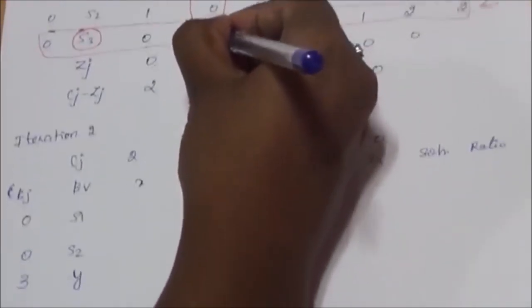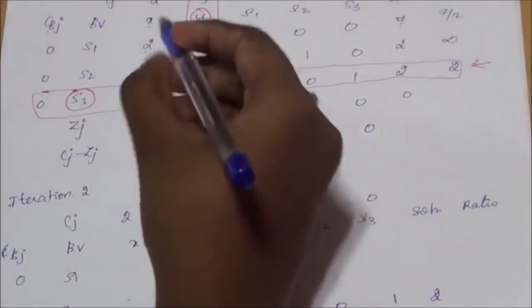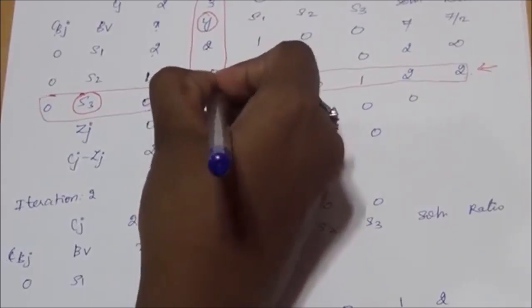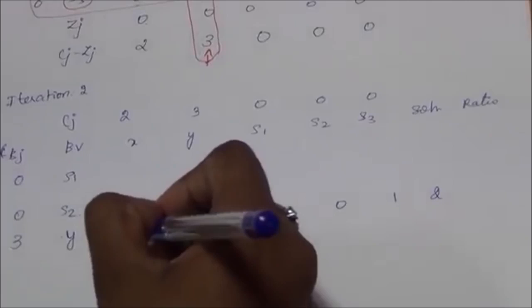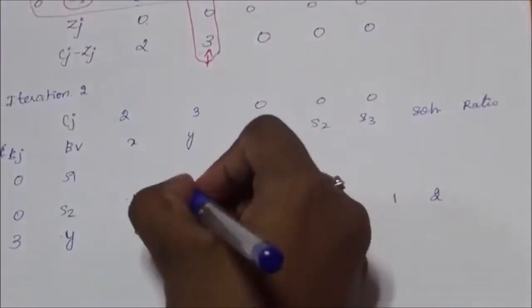Already we have the value here, it is 1, so we need not replace these values, so we can write the values as it is. For finding the other values, we have to take the present value, which is 1, and subtract it with the pivot element: 1 minus 0 and multiply that with the new pivot element in the next iteration table, 0. So now it is 1 minus 0 into 0, which will be 1, 0 minus 0 into 1, 0, 0 minus 0 into 0, 0, 1 minus 0 into 0, 1, 0 minus 0 into 1, 0.